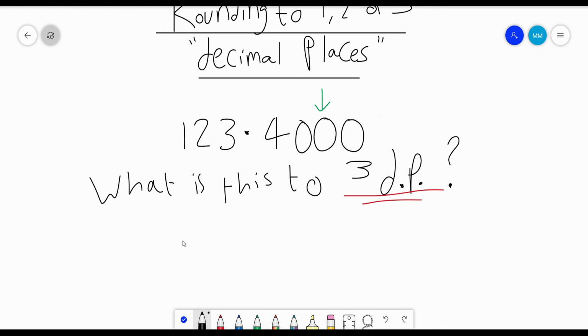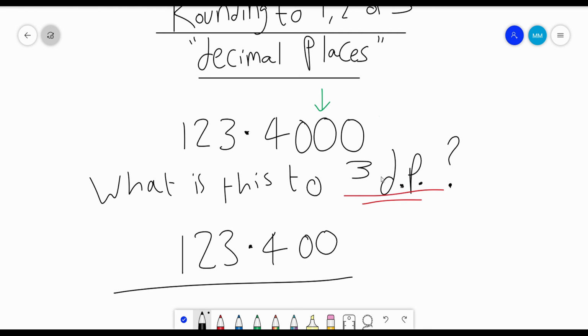So we literally write 1, 2, 3, 4, 0, 0. That's your answer because it's 3 decimal place. There must be 3 numbers after that decimal point. The fact there's 0 does not matter. What I think I'll do is I will leave it at that.